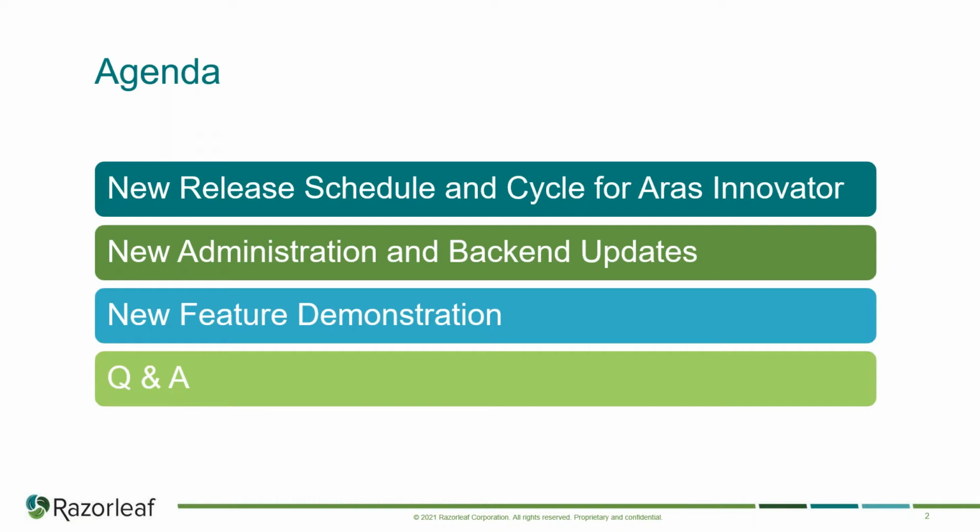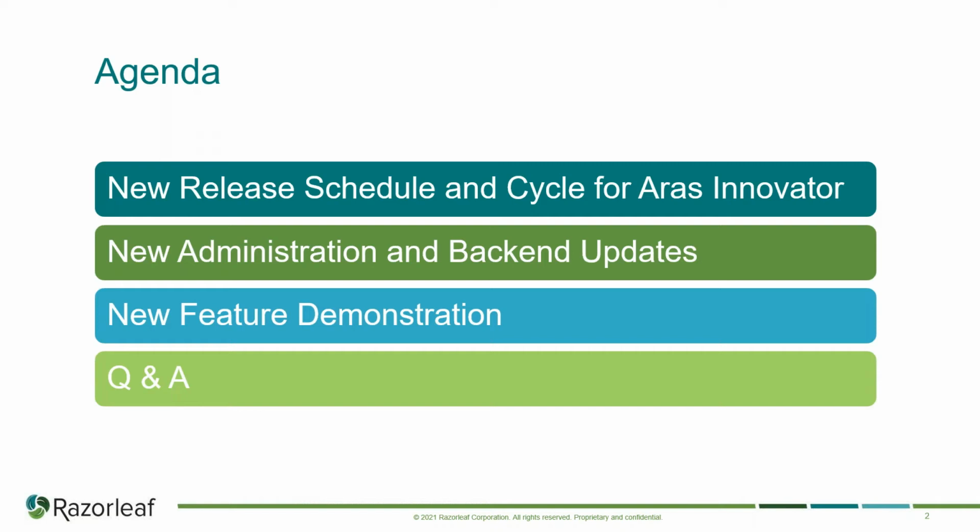While the new strategy behind 14 and future updates is pretty big news, the feature updates are smaller, so we'll get to take a look at those pretty easily in the time we have allocated for today. And then of course, we want to answer as many questions as we can here at the end. This is a formal webinar and we have formal content we want to show, but we want to keep this interactive and make sure that you are getting all the information you need.